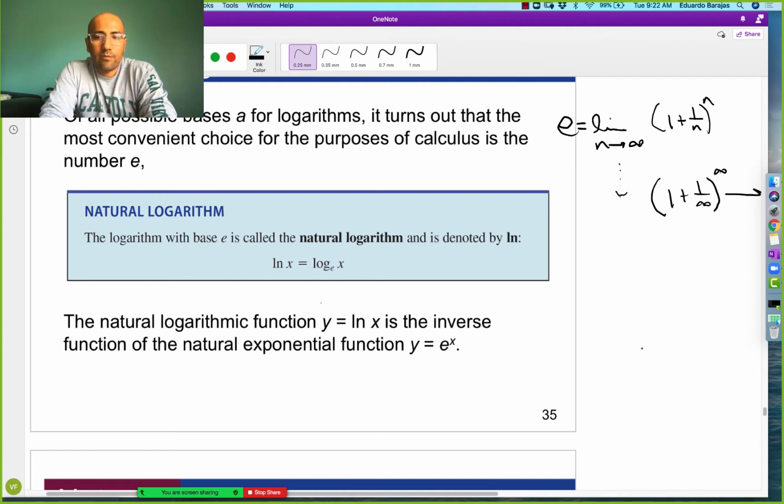So we just have to be aware that they are similar to each other. Right? So both of these are related to the exponential function base e. So if we have f of x equal to e to the x power, and we want to go backwards on this function, well, that would be this, log base e of x or ln of x. They both mean the same thing.